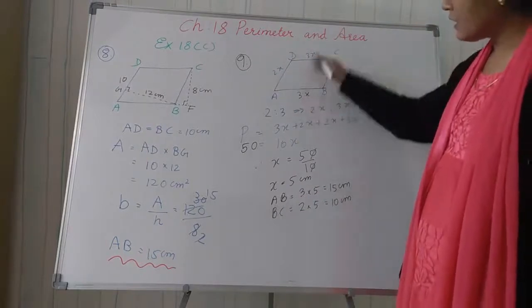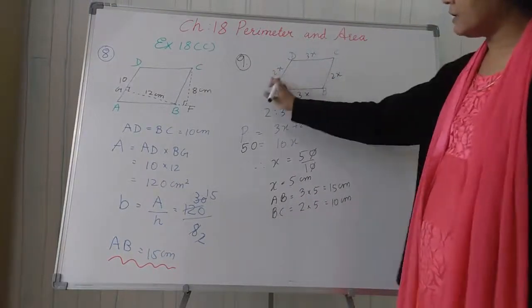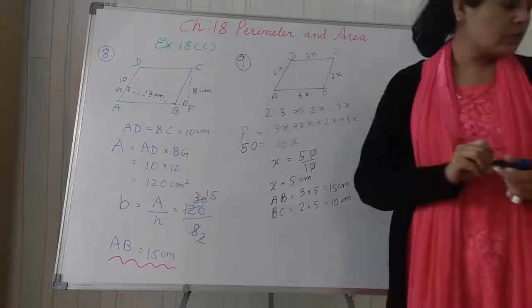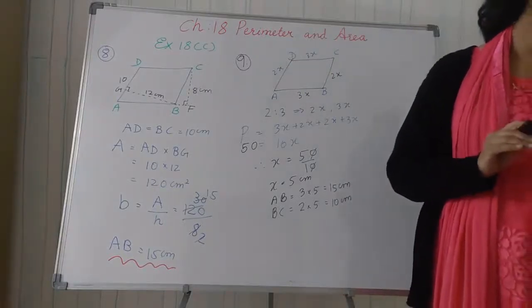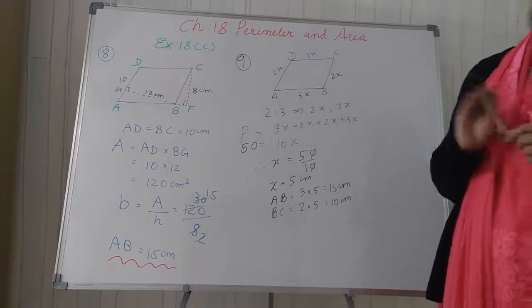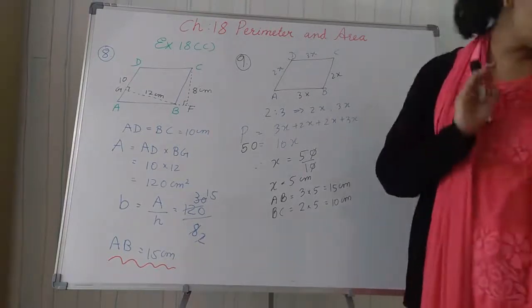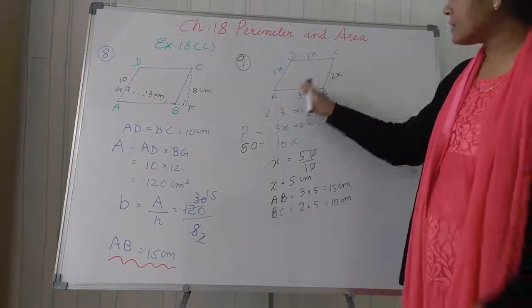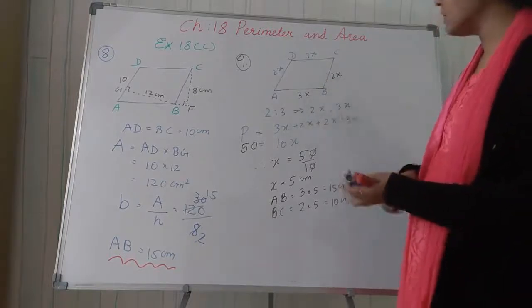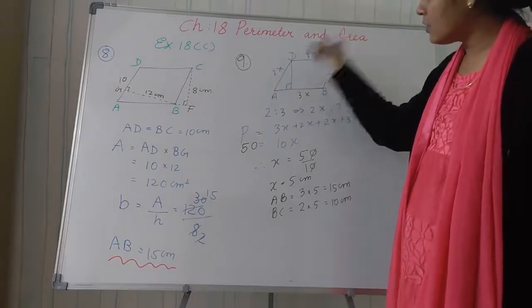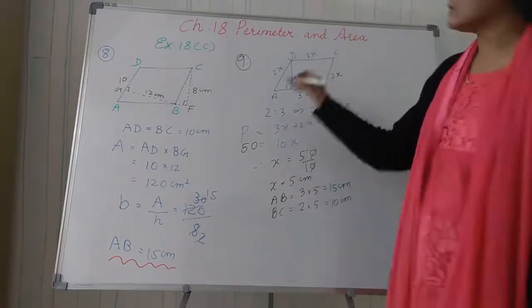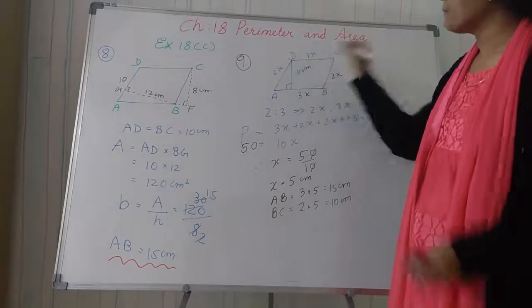So if this is 15, this is also 15, this is 10, this is also 10. So now students, next is find its area if corresponding to the larger side the altitude is 10 centimeters. Larger means this 3x, 15 centimeter side. If the altitude on it is given to us and its measure is 10 centimeters here, right?